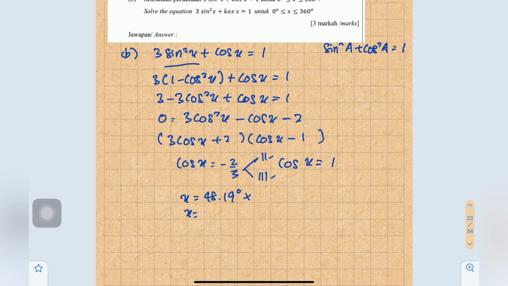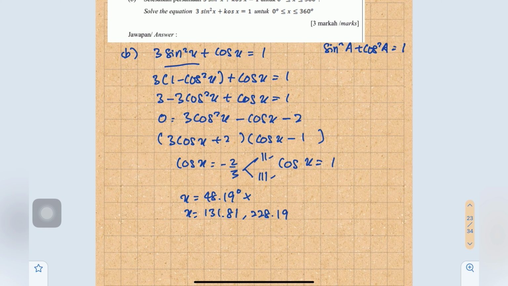Kita dapat 131.81. Okay, in quadrant 3, tambah 180, so 228.19. Okay, so sekarang ni dah dapat.